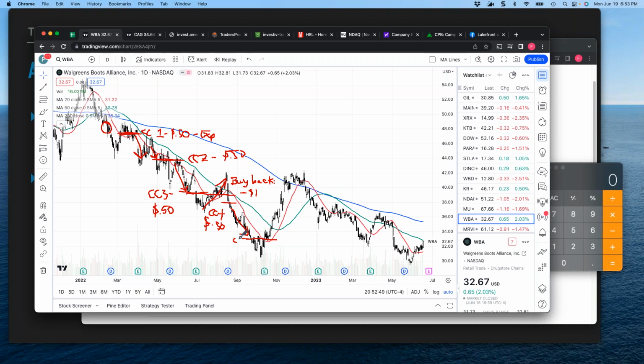Maybe I do it again here. This will be covered call 5. Here's another 50 cents. And it rebounds again. I'm going to need to buy that back. For the sake of our example, we'll stick with the $1.